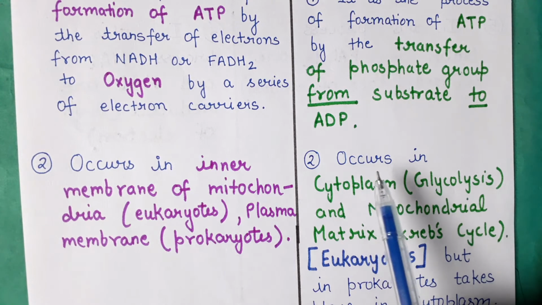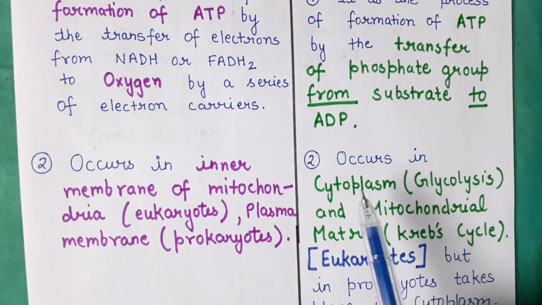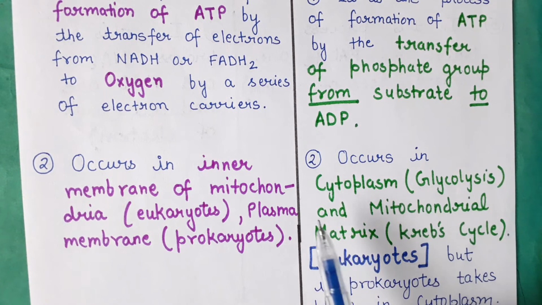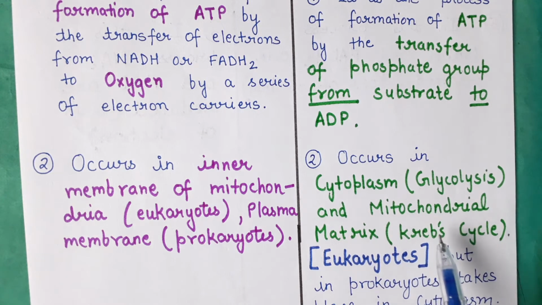On the other hand, substrate level phosphorylation takes place within the cytoplasm, because glycolysis takes place in the cytoplasm, and also within the mitochondrial matrix in the Krebs cycle, because in the Krebs cycle we also have the formation of ATP.